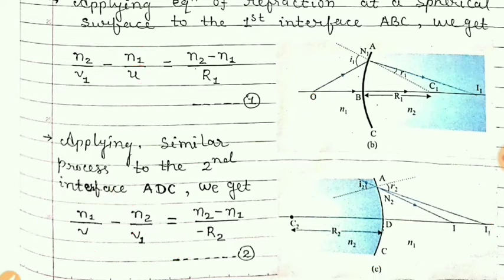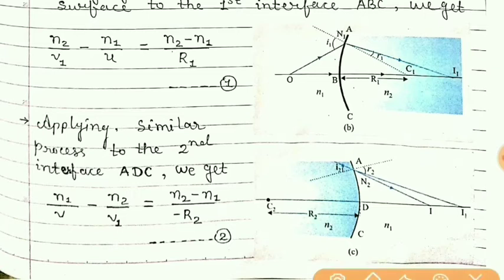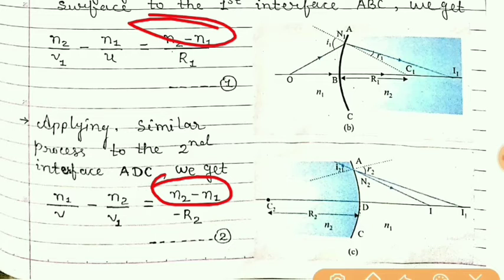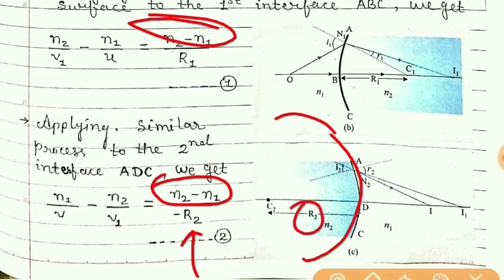Now here it is n2 minus n1 always. But here for this curved surface, the radius of curvature is R2. Why is it taken negative? Because it is towards the left side.